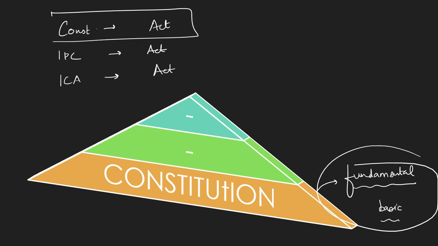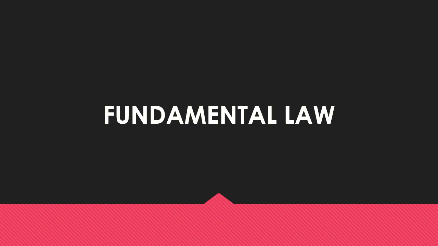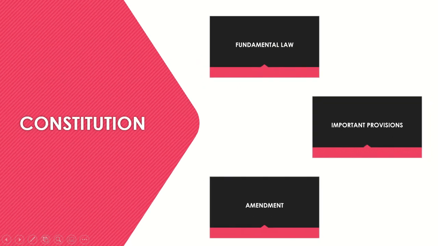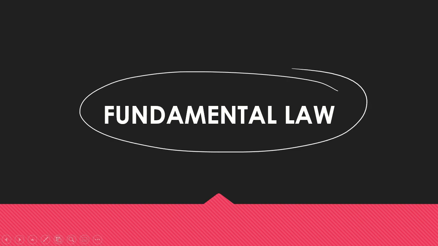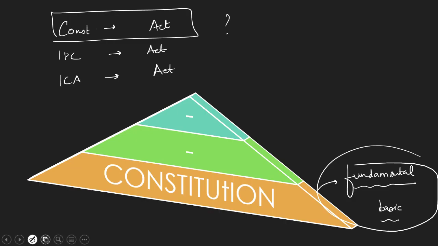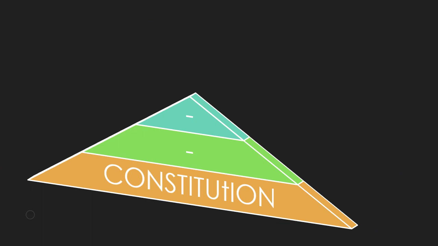Then what is so special about the Constitution that I am talking about it separately? What is it about the Constitution that makes it a fundamental law? Well, the significance of it is that every other law, and when I say law, I gave you 4 sources of law.